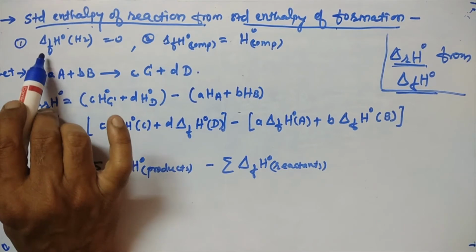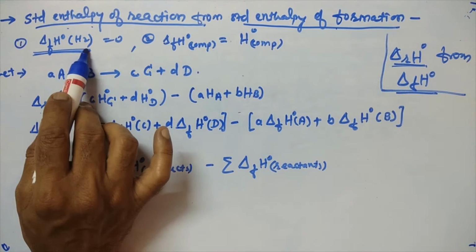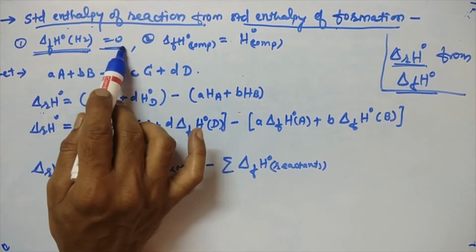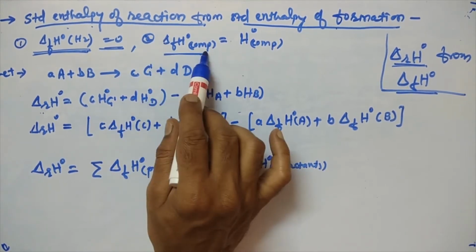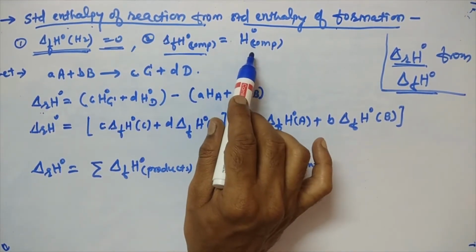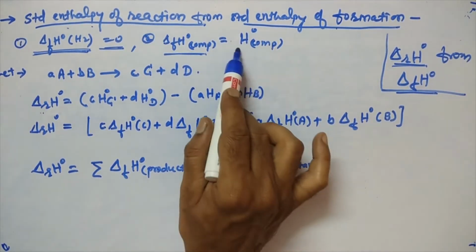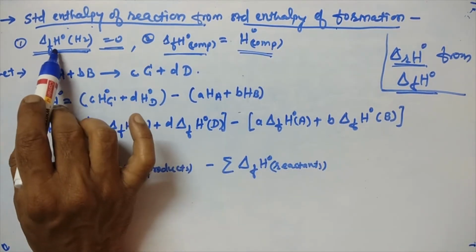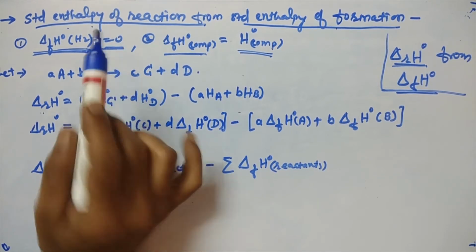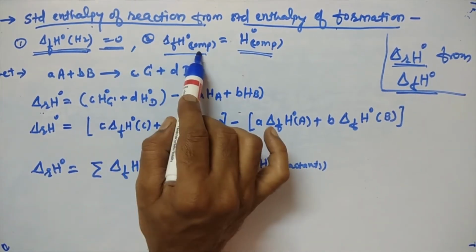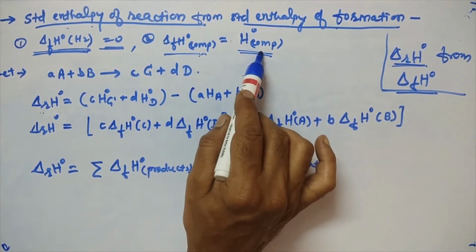The one is the standard enthalpy of formation of any element in its pure state is always equal to 0, and the standard enthalpy of formation of a particular compound in its pure state is equal to simply the standard enthalpy of that compound.